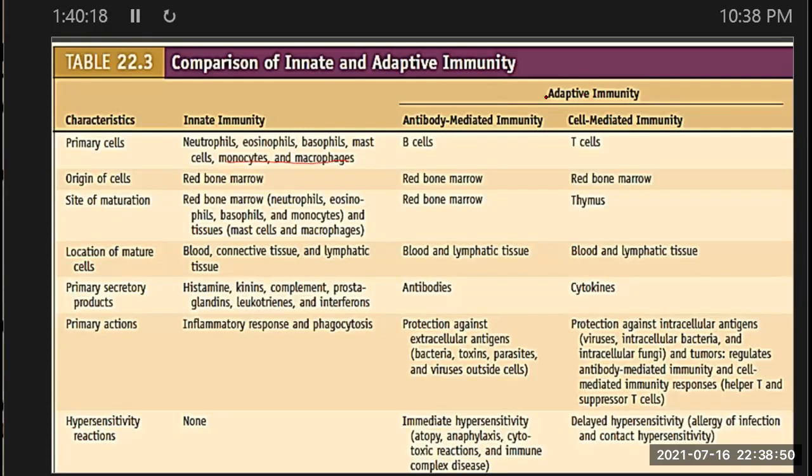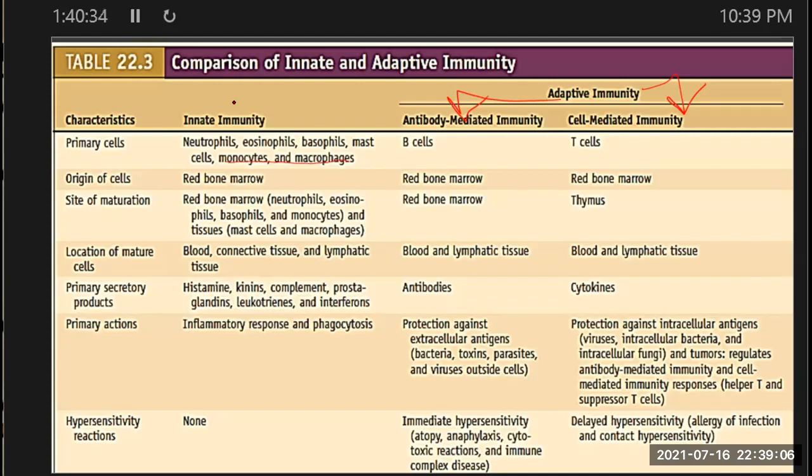Under your adaptive immunity, you have your antibody-mediated and your cell-mediated immunity. But in your innate immunity, you have the first and the second lines of defense.